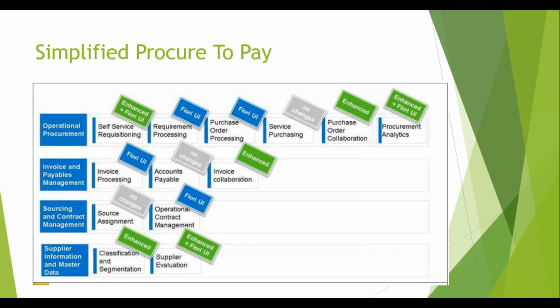So if I am an end user and I want to request a particular material, that is something I am going to benefit from. First of all, I am going to get new Fiori apps, which are simple to use. I can select a material or a service which I want, which will ultimately go to the purchasing department. So we already understood the Fiori app, but what is enhanced? How is self-service requisitioning enhanced?